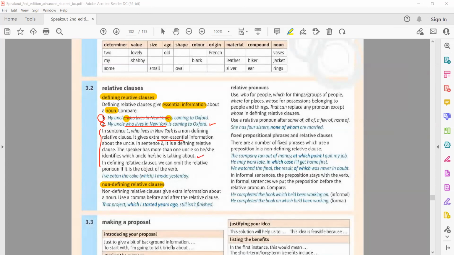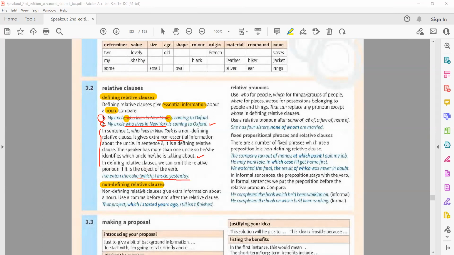Exactly what I told you. So in defining relative clauses, we can omit the relative pronoun if it is the object of the verb. This is very important. Look, I have eaten the cake which I made yesterday. Which I made yesterday, all of it, what is it? Defining or non-defining?